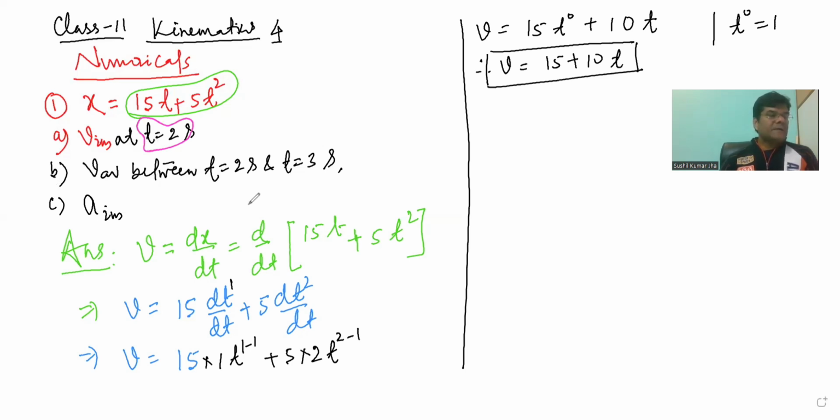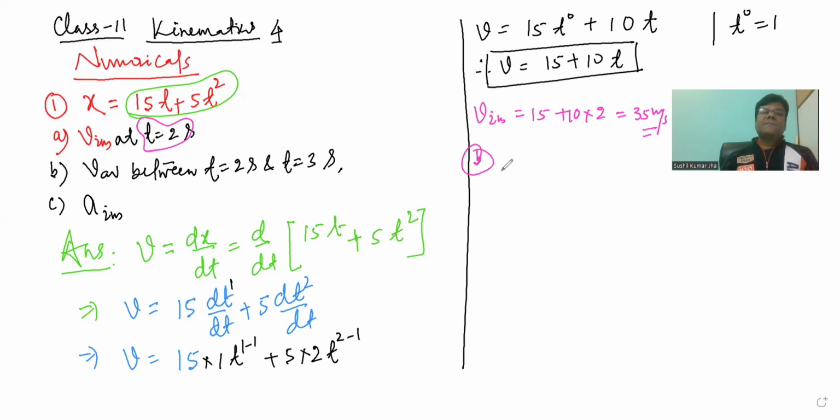So finding the instantaneous at 2 means simply in the equation, v instantaneous is 15 plus 10 into 2, and thus it becomes 15 plus 20, so 35 meter per second, right? This was the first part.